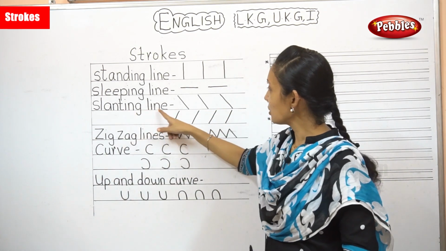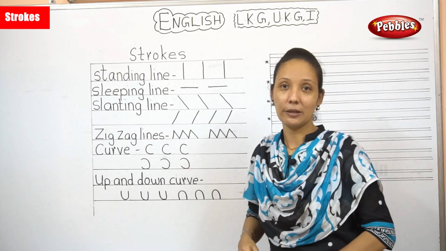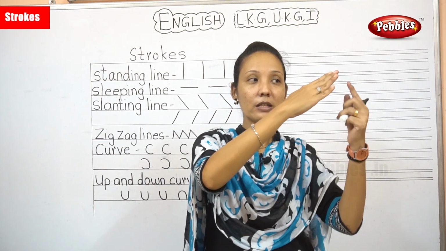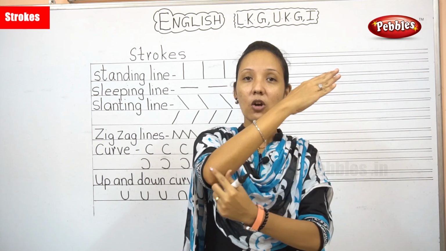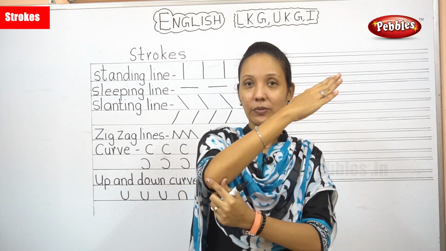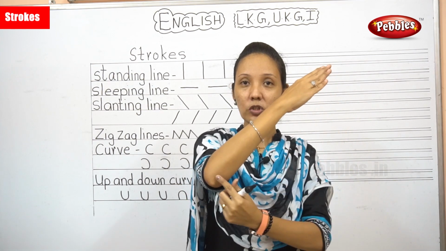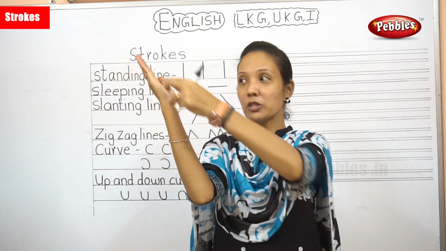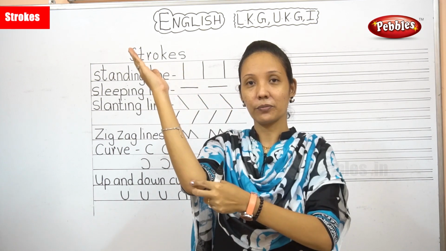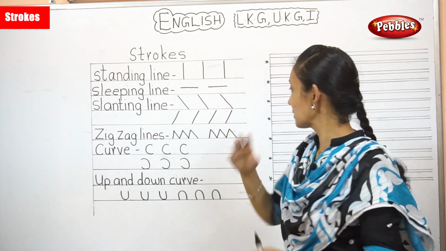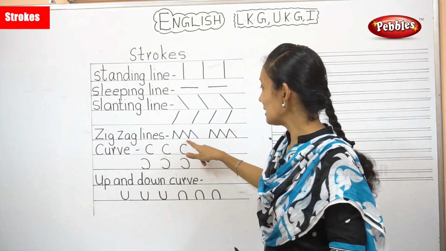Now next you have slanting line. Now this was a straight line. Now you slant it. It is on a slant. This is called slanting line. This is one slanting position and your other slanting position is like this. Okay, so you have two different slanting lines. Now this is zigzag.